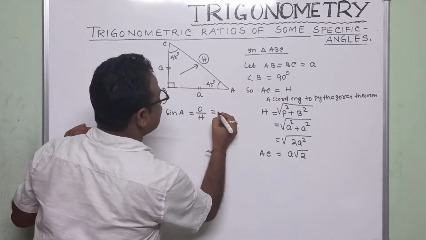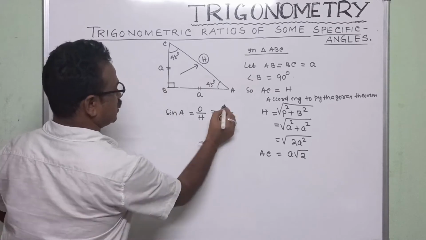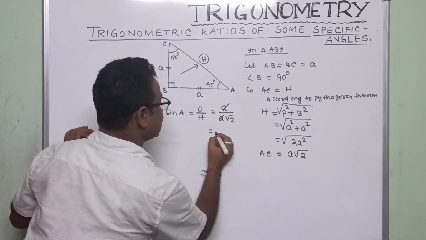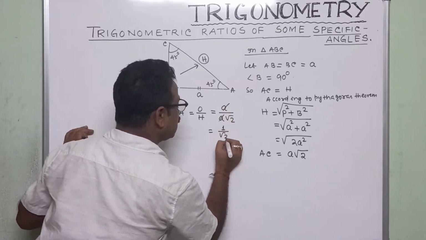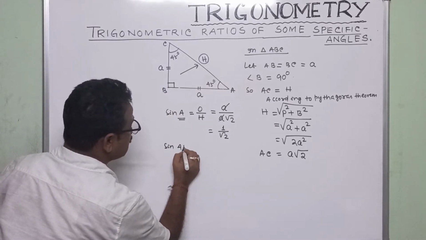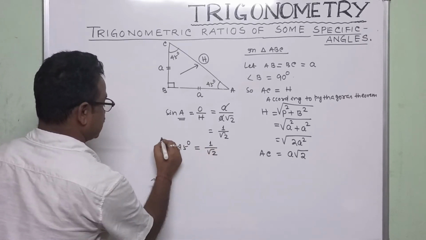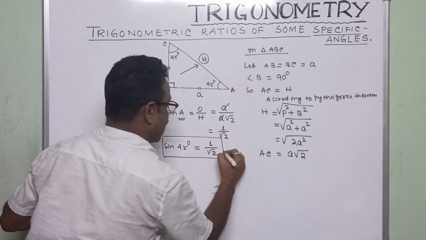So A by A root 2, A cancels, equal to 1 by root 2. So sin 45 degree is equal to 1 by root 2.